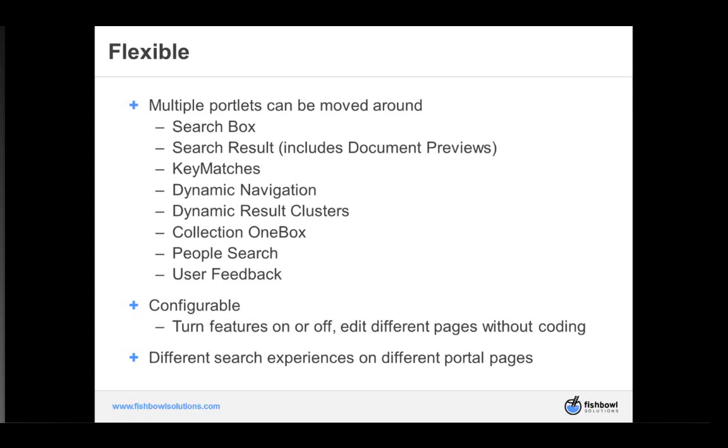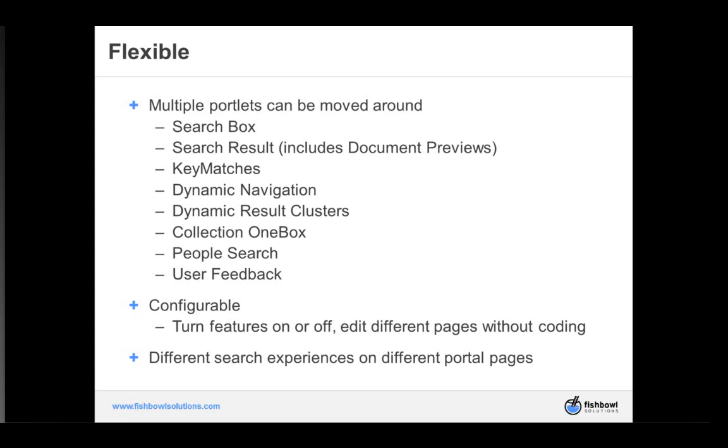But because we've worked with a lot of different customers over the last 4 years, we've seen similar things that people want to be able to do, and so we've written that into the portlets themselves to make it easy to do things like change whether or not a link shows, or the URLs show up for results, or change how many items are on a page, stuff like that. It's all built in. You don't have to write code in order to make those changes. And because of that, you can have very different search experiences on different portal pages, all using this one product.